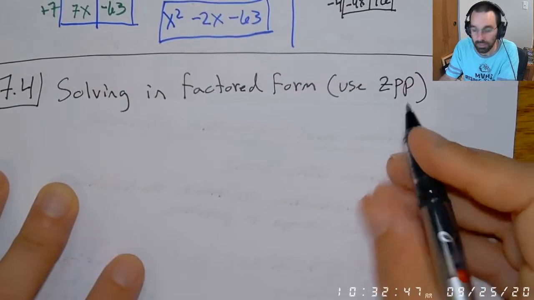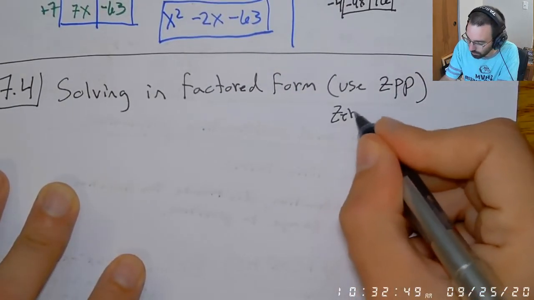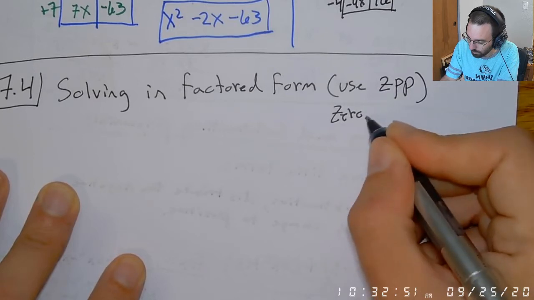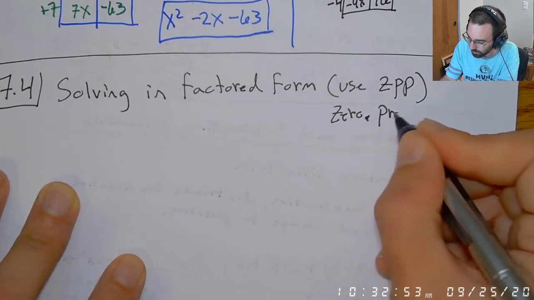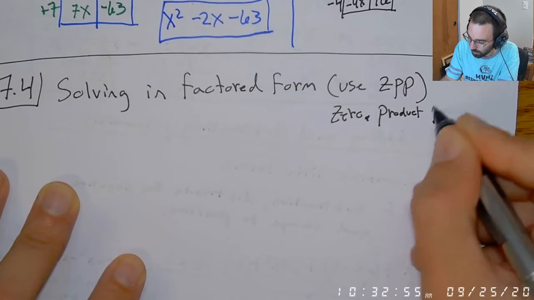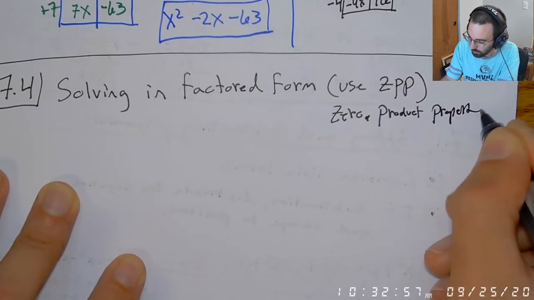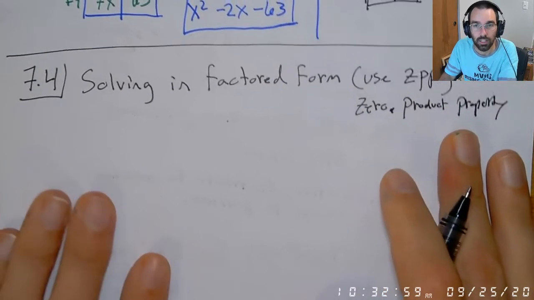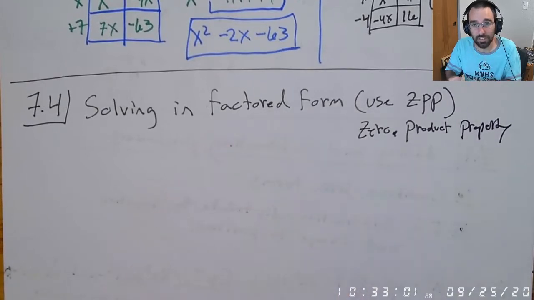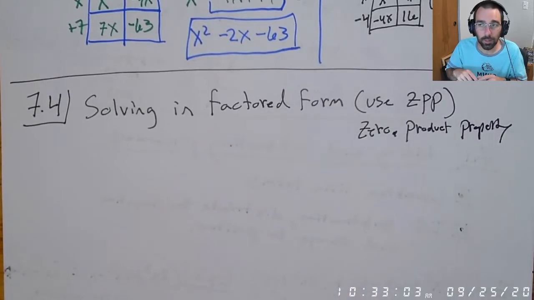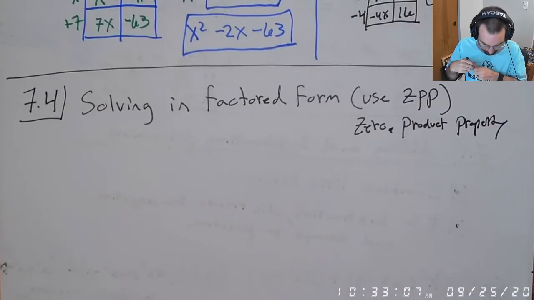ZPP, remember guys, is the zero product property. So we did a little bit of this in our warm-up, right? And so in our warm-up, once we got it to factored form, then we used zero product property.